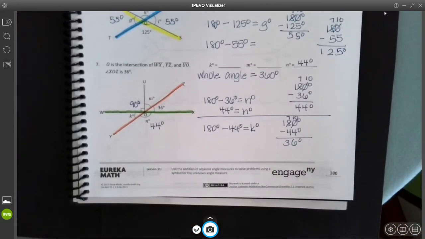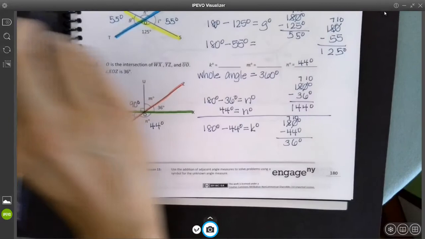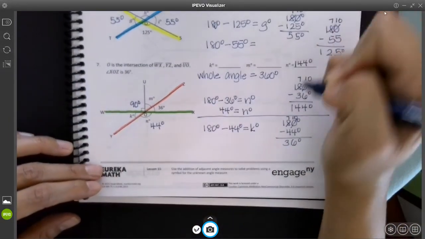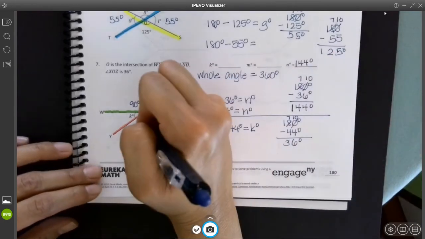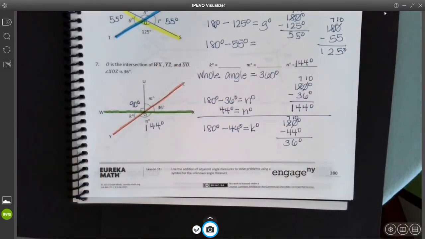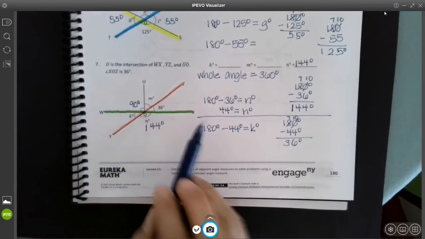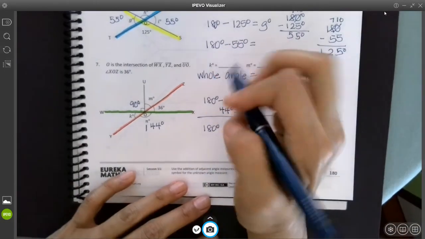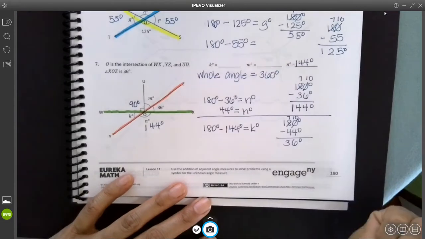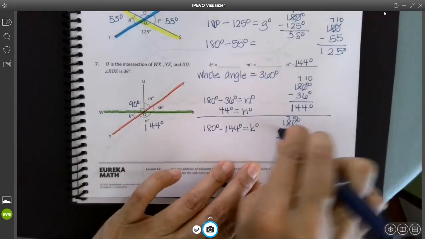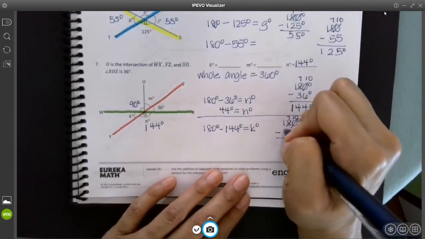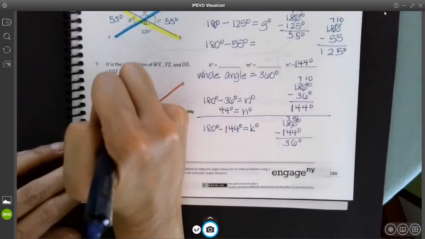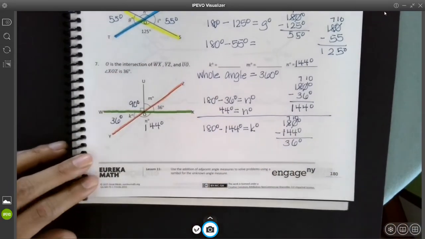Wait a second, I did something wrong. Oops, 144. My goodness, I just realized this should have been 144. If we were in class, you would have caught me because it is obtuse. And then it would be 36.